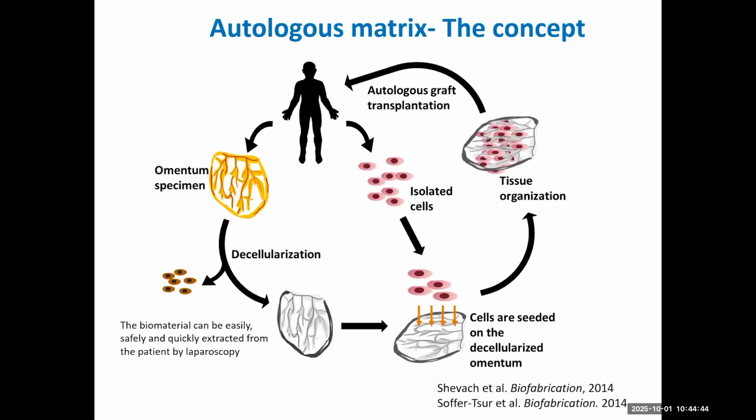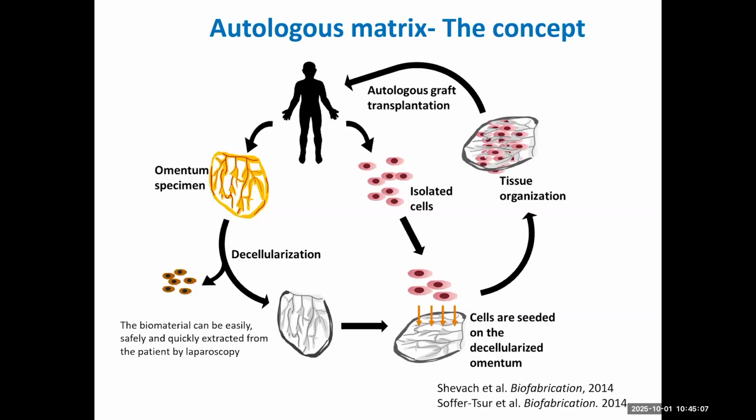So what we decided to do was to rely on the patient's own materials and the patient's own cells. And how can we do that? We can take fatty tissue from the patient, we isolate the cells, we reprogram the cells to become induced pluripotent stem cells, and the biomaterial of this fatty tissue is processed to become a porous scaffold.